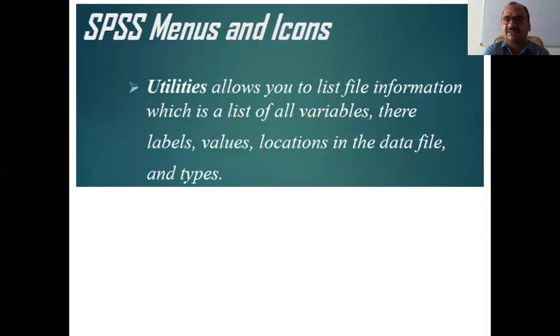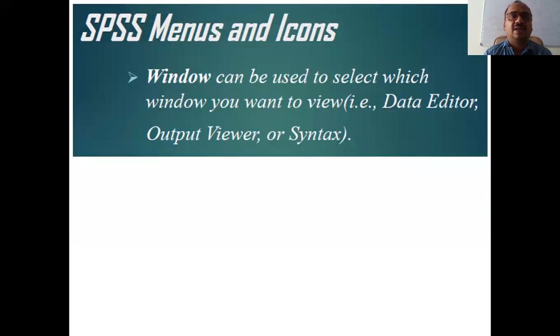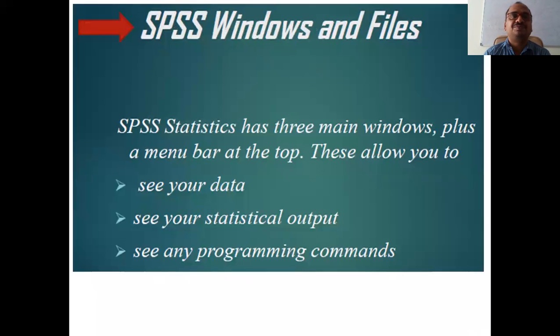And utilities, that is the last option. It allows you to list a file of information. And add-ons, if you want to add any program in between, you can add on programs. And window can be used to select which window you want, view window.